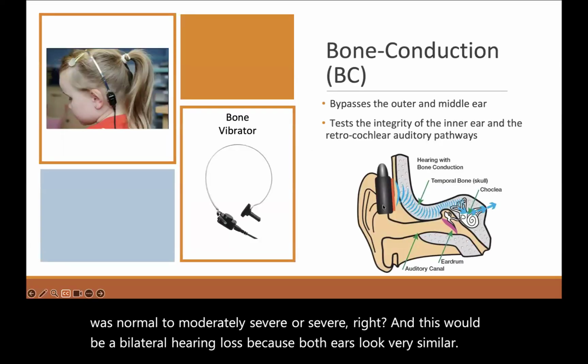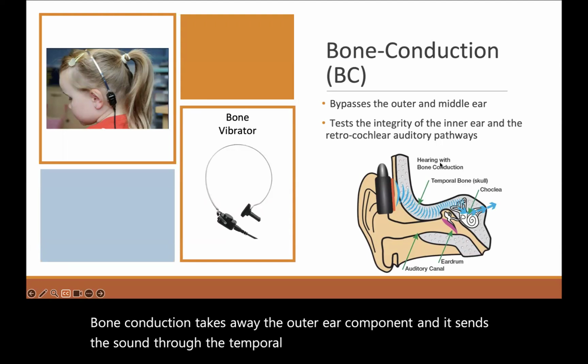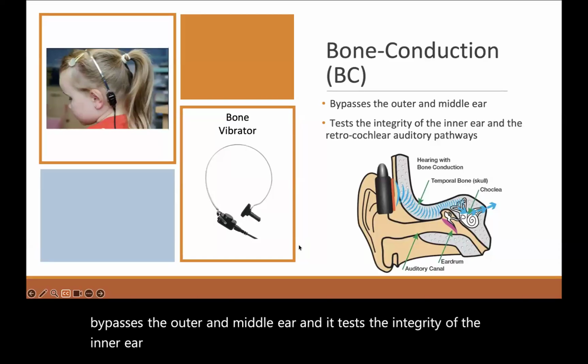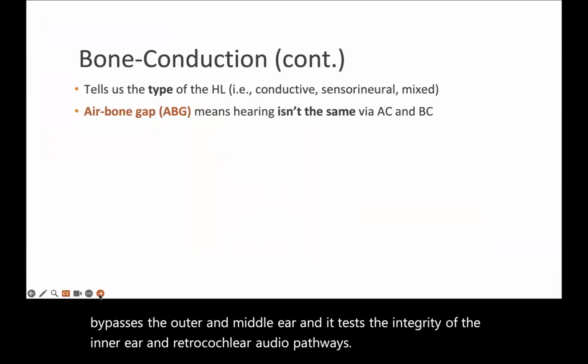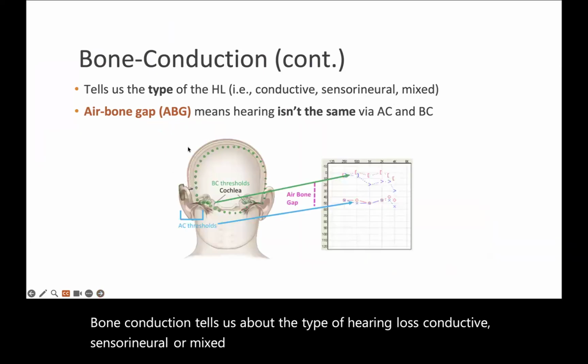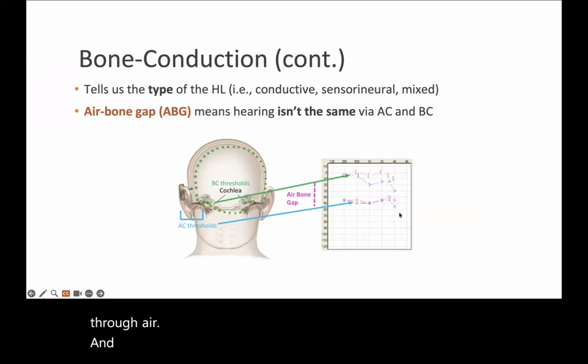Bone conduction takes away the outer ear component and it sends the sound through the temporal bone into the cochlea. So it bypasses the outer and middle ear and it tests the integrity of the inner ear and retrocochlear auditory pathways. Bone conduction tells us about the type of hearing loss, conductive, sensorineural, or mixed, by having an air bone gap. So if this is what we get through air, the sound is going through air and we get this response.